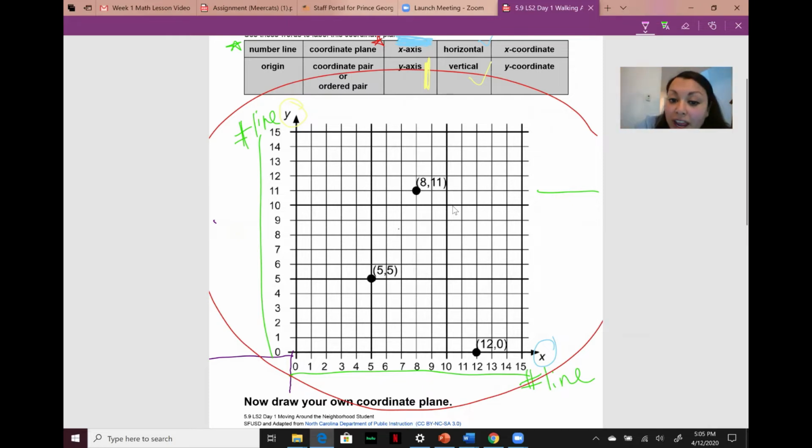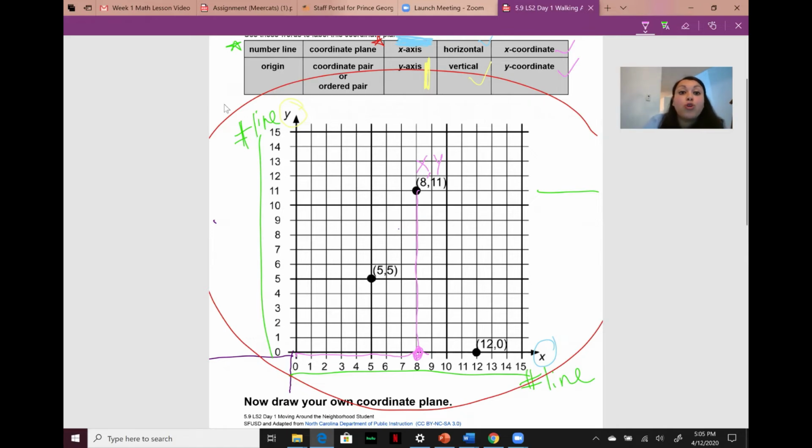We have the number 8, and that comes first. So we have 8 across right here. And then we go up. How many do you think? We go up and we look and it's 11. So this is our x coordinate, our first number, and then our y coordinate. How many across? It's 8. And how many up? It's 11. So that's our x coordinate and our y coordinate.